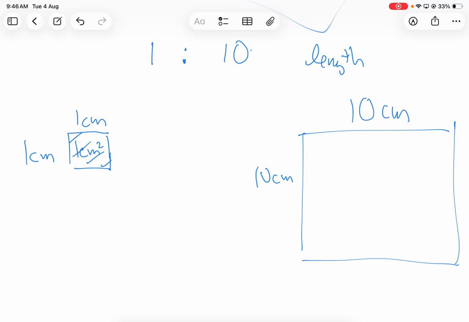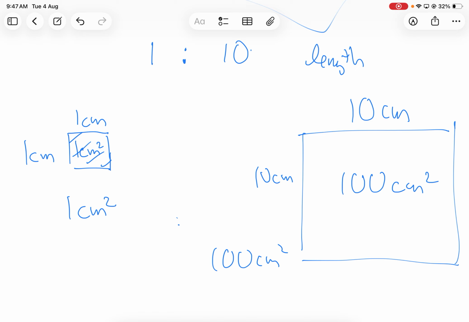How did I find area in the first place? So actually I am squaring. I square this number to find the area. So actually the relationship of the scale factor of an area to my scale factor of length is I square both sides at the same time. I square 2 become 4.